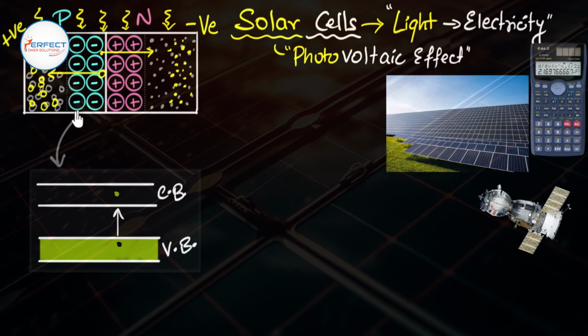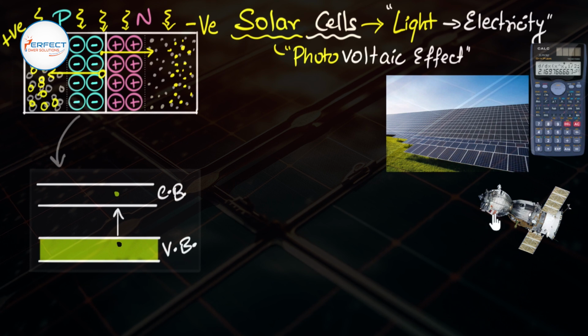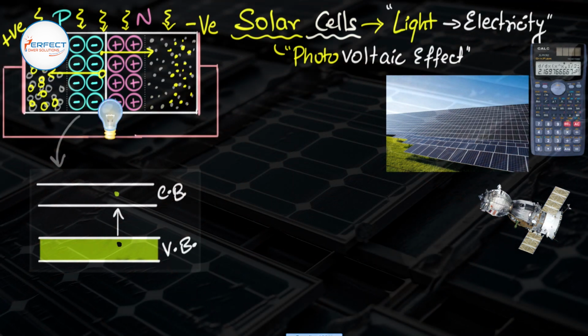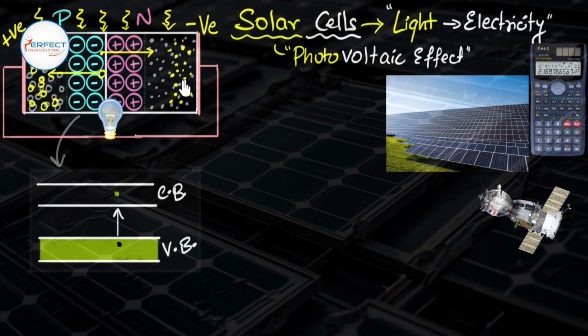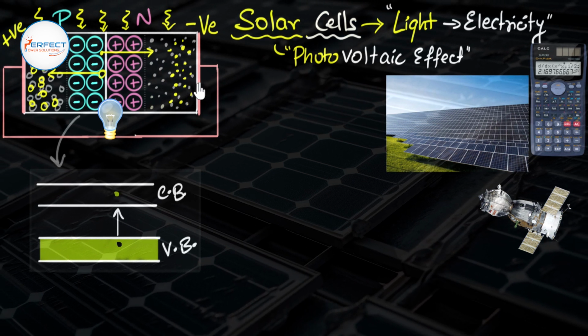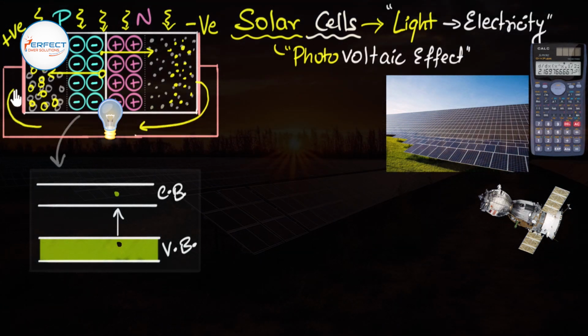And now, what would happen if I were to put metallic contacts over here and then connect a device across it, say a bulb? Well then, these electrons will all repel each other and immediately start flowing through this circuit, through the bulb, and will recombine with the holes.